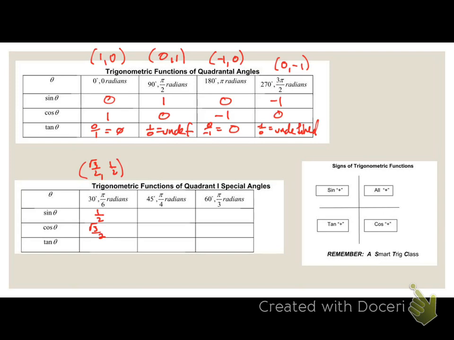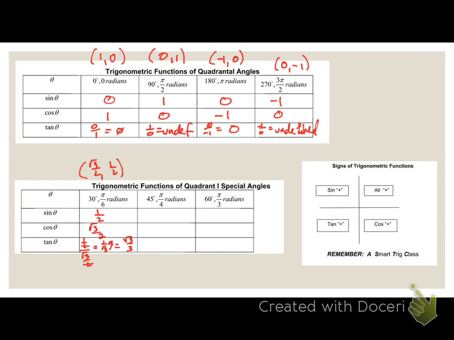And now tangent is supposed to be sine over cosine. So 1/2 over radical 3 over 2. We simplify that fraction however you want to do this. Since they have common denominators, you can just wipe those out. So you get 1 over radical 3. And then when you rationalize, you get radical 3 over 3.